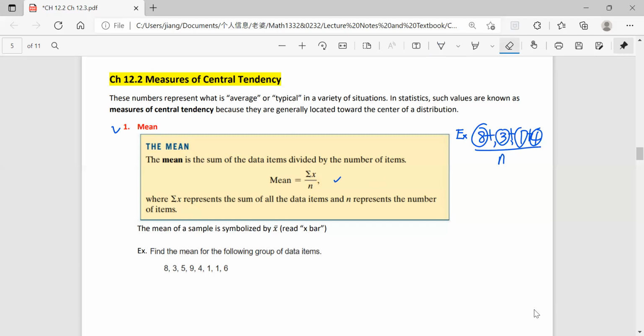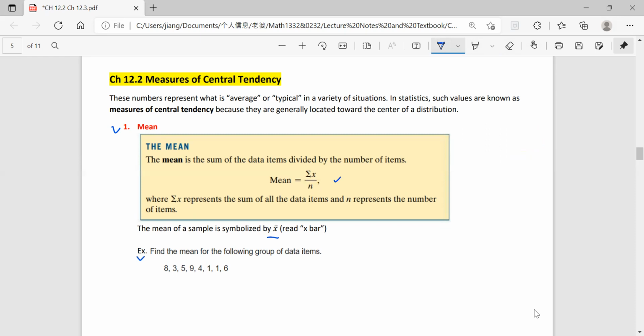Sigma x represents the sum of all the data items, and n represents the number of items. Here I forgot to mention that when we say the mean, sometimes I say x bar. So x bar is a symbol for the mean.